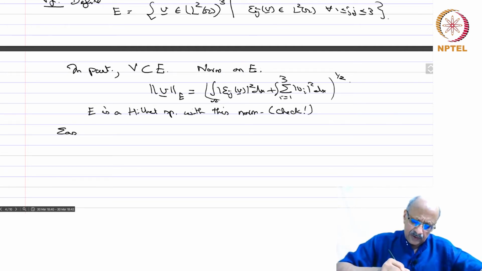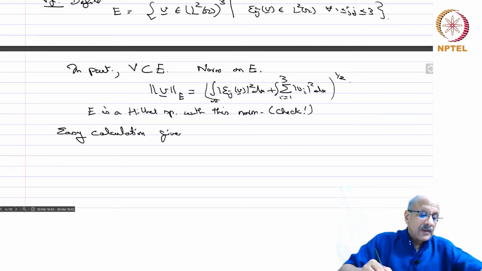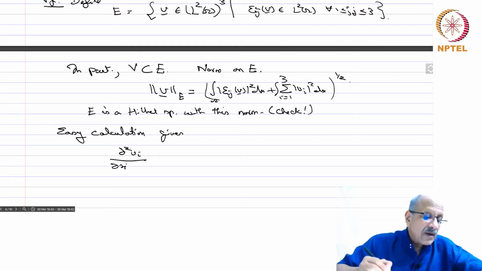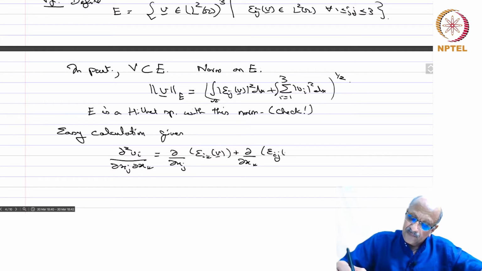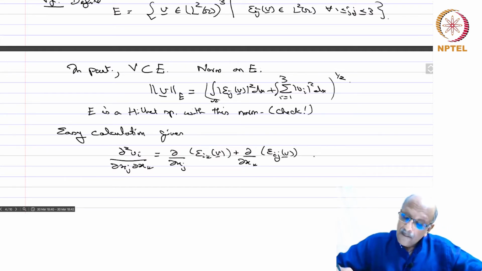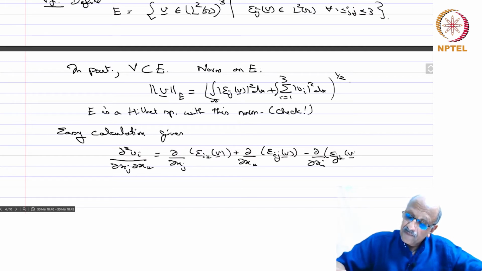Now an easy calculation gives the following: d2vi by dxj dxk equals d by dxj of epsilon ik of v plus d by dxk of epsilon ij of v minus d by dxi of epsilon jk of v.